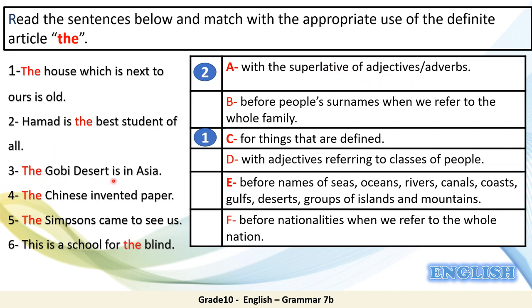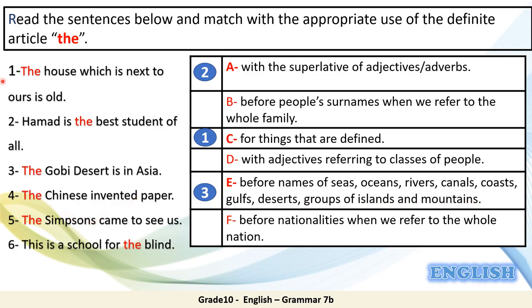The Gobi Desert is in Asia. So, we are talking about names of places that are very known to the people, like names of seas, oceans, rivers, canals, coasts, gulfs, deserts, groups of islands, and mountains.